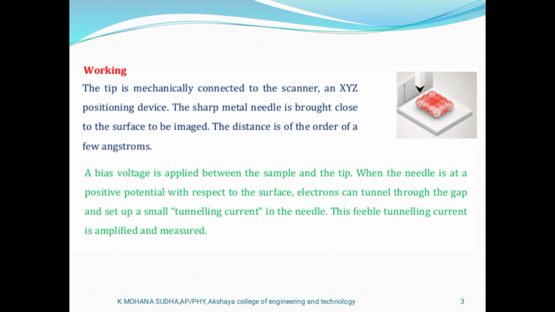In a similar way, the tip is scanned atom by atom and line by line, and the topography of the sample is recorded. The scanning tunneling microscope does not show the picture of the atom, but it records only the exact position of the atom, more accurately the position of electrons.